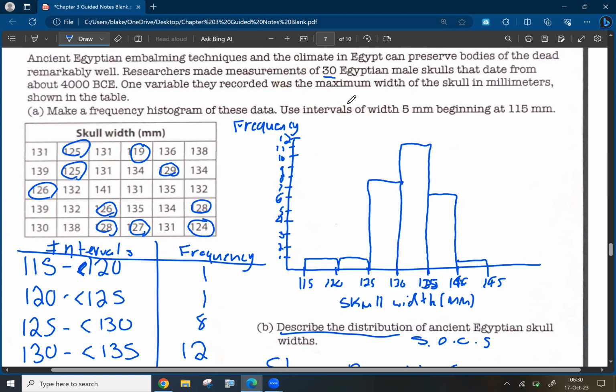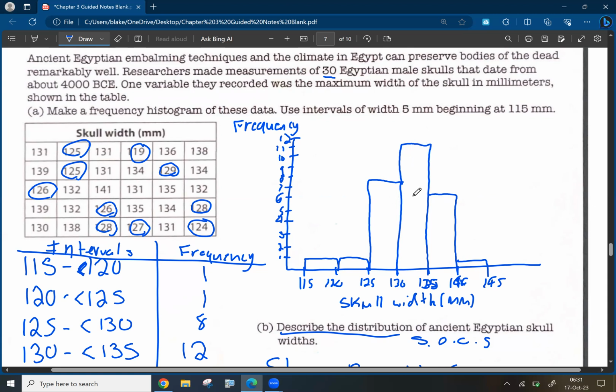So the 15th and 16th value are in which interval? Let's count it. This is the first value, the lowest. This is the second, right? This is 8, so that's 1, 2, 8, which adds up to 10. So these are the 10 lowest. We're not at the 15th or 16th yet. The next one goes to 12. So that means this would be 22 in total at this point. So this goes from the 10th person to the 22nd person.